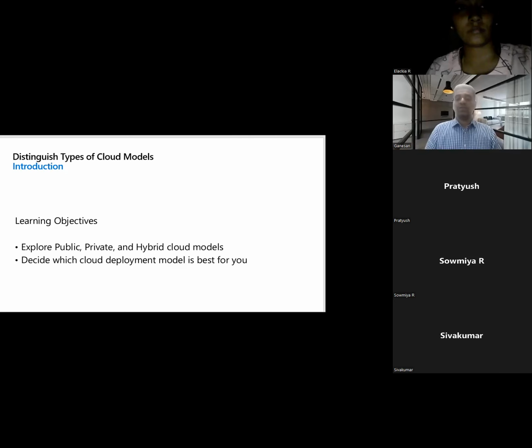Here we are going to discuss what is meant by public cloud, private cloud, and hybrid cloud. And here you will get the answer for who is Azure, who is AWS, and whether anyone else is available.